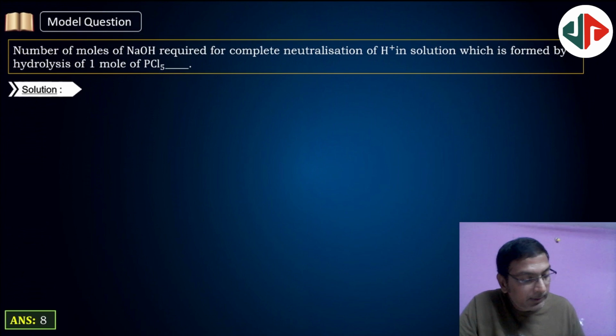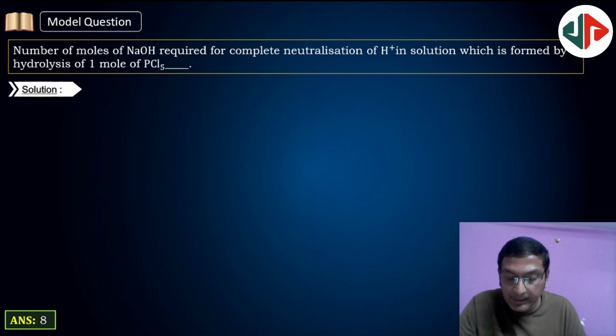The number of moles of NaOH required for complete neutralization of H plus in solution, which is formed by hydrolysis of 1 mole of PCl5. So 1 mole of PCl5.